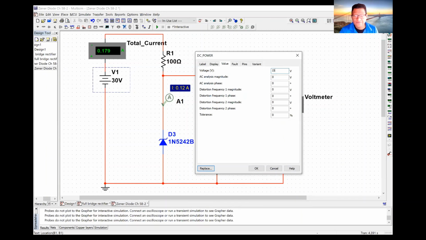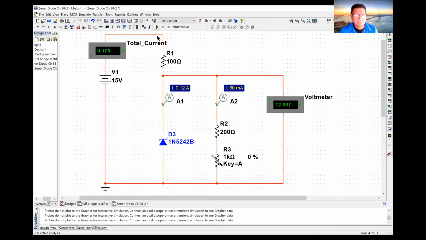If I have a voltage reduction from 30 volts to 15 volts instead, okay, that one affected the Zener diode, and my voltage dropped to 10 volts.